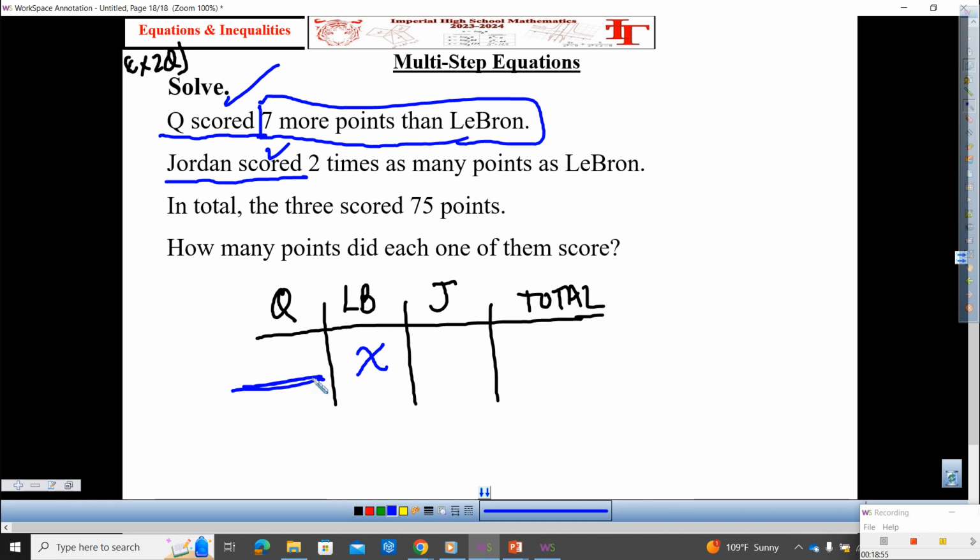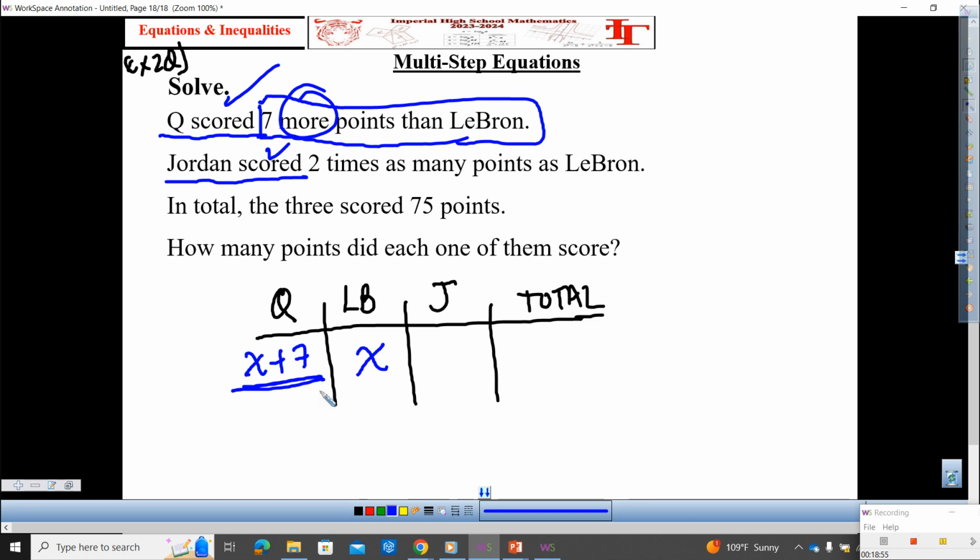What would we write right there? Who said X plus 7 or 7 plus X? Yes. LeBron is X, and Q scored 7 more than him, more being plus. That's why we write that. Okay. Write it in there.